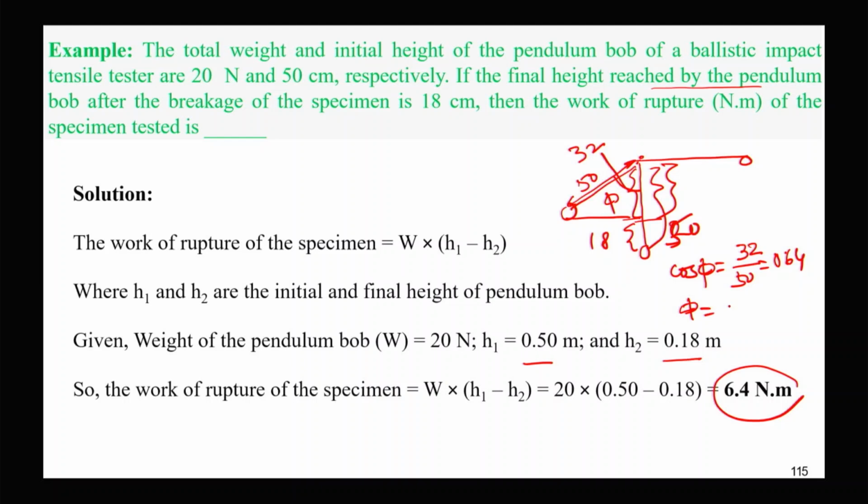So here cos inverse 0.64, this is the angle we can calculate, and the total swing will be 90 degree plus 5. That we can calculate.